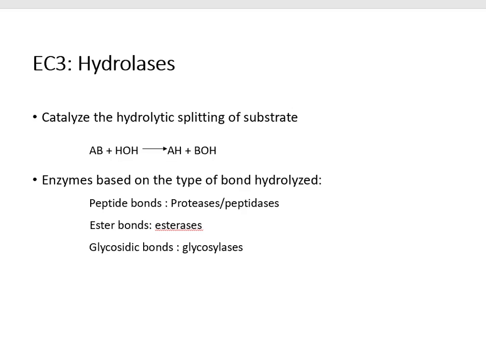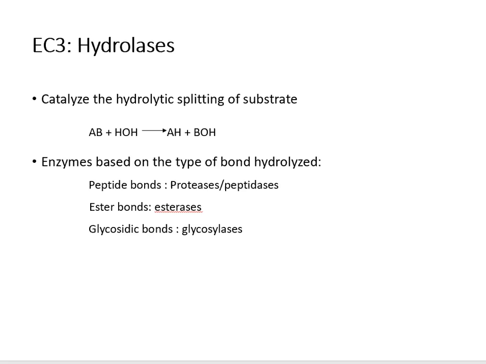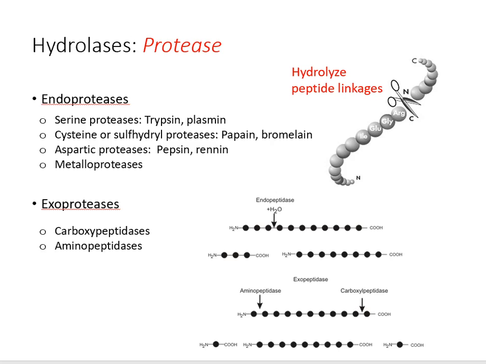So we have different enzymes in this group based on the hydrolysis of peptide bonds, ester bonds, or glycosidic bonds. So proteases are enzymes which catalyze the hydrolysis of peptide bonds present in proteins or polypeptides. These peptide bonds between amino acids. So it's called proteolytic action. They present 60% of industrial enzymes on the market.